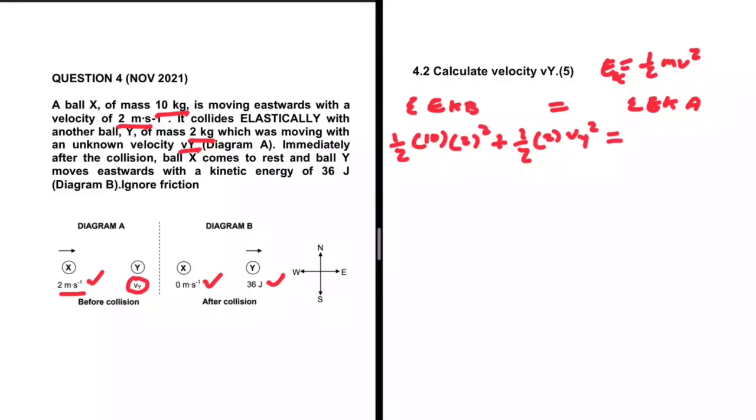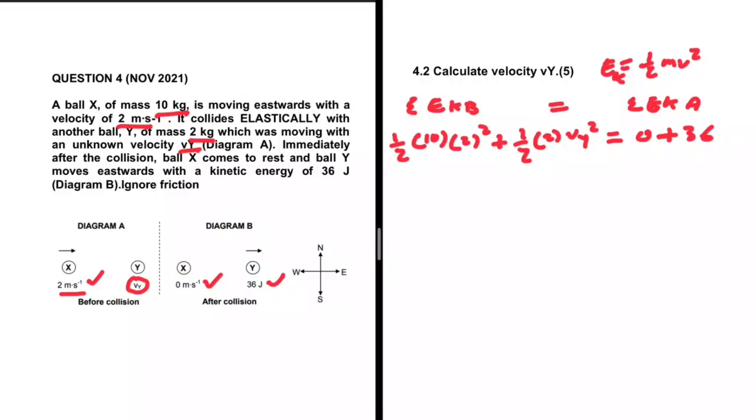Vy is what we're interested in. Okay, and then after the collision, ball X comes to rest, so the kinetic energy is 0 at that point. If the velocity is 0, the kinetic energy is going to be 0. So we have 0 plus the kinetic energy of ball Y. It is already given to us as 36 joules. So we can just go ahead and write that down.